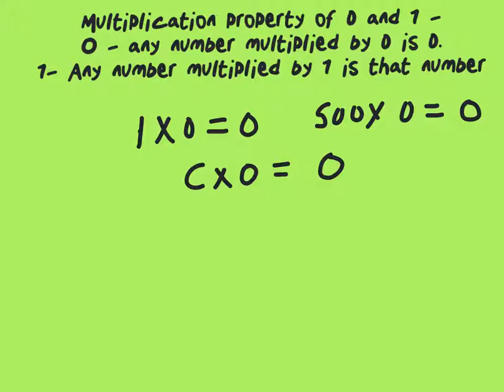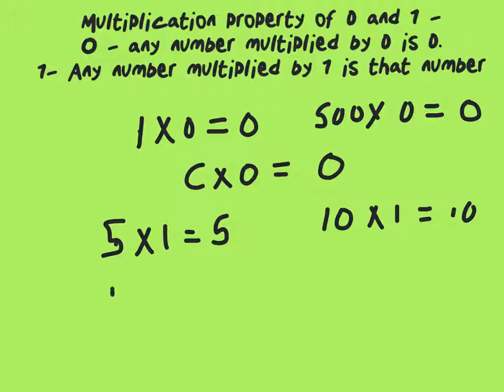And the last one is easy as well. The multiplication property of 1. Any number multiplied by 1 is that same number. Makes sense? We know that 5 times 1 is that number, which would be 5. 10 times 1 is 10. 150 times 1 is 150.